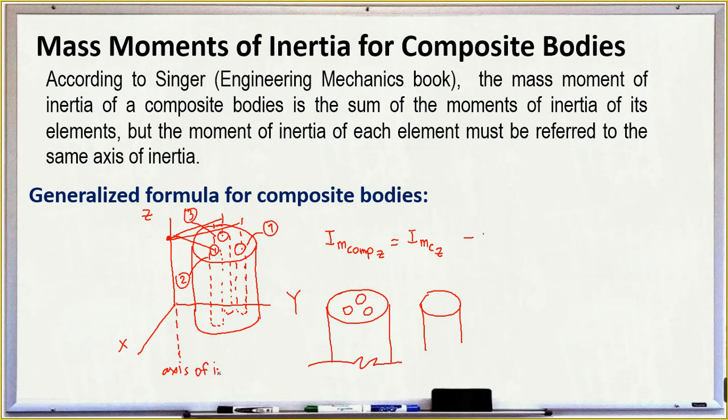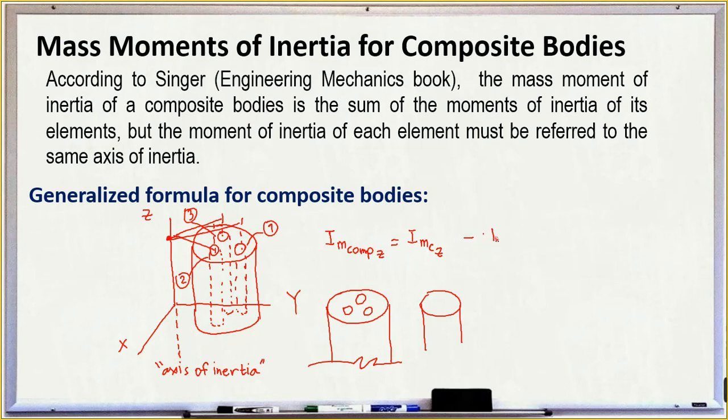This means the reference axis for each of these holes should not be inclined. It also cannot intersect our z-axis, our axis of inertia, in order for us to avoid violating the rules of the mass moment of inertia.